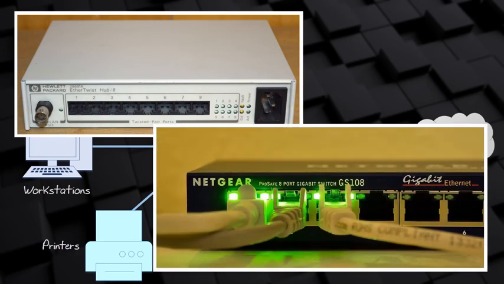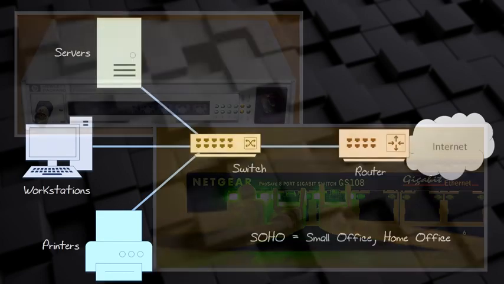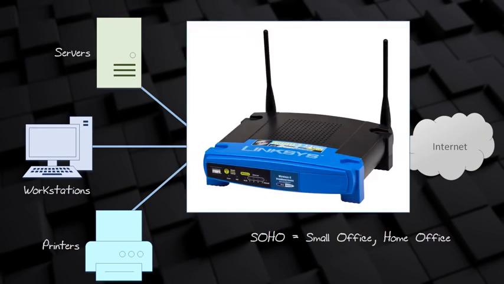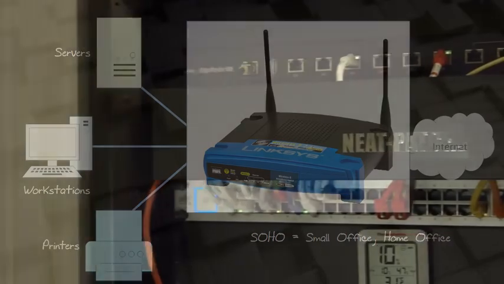They look very similar, so it's easy to mix them up. Have a look at the model number to see if it gives you any clues about what the device really is. In a SOHO network, a router is used to connect to the internet. You might find that the router, switch, and access point are all integrated into one device.